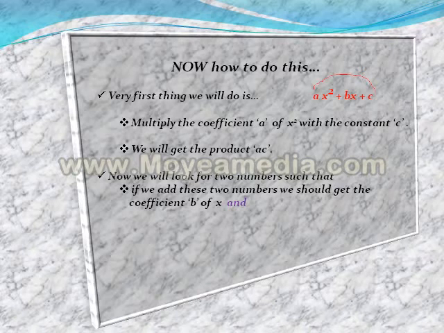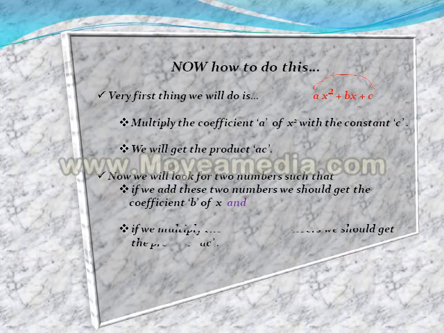Basically, when we add these two numbers, we should get that b. What is b? That's the coefficient of x. And there is going to be another condition on these two numbers: when we multiply the same two numbers, we should get the product AC. Don't be scared, when we take the concrete example we will see what the meaning of this is.